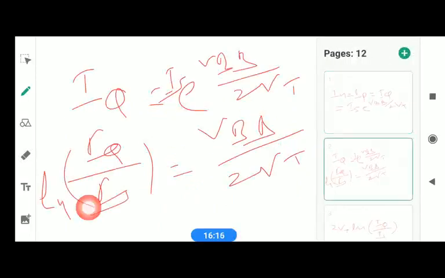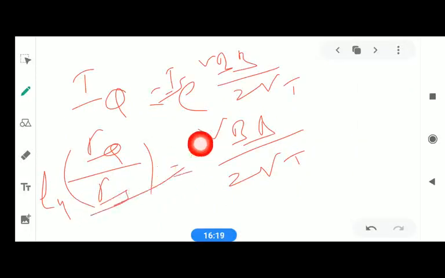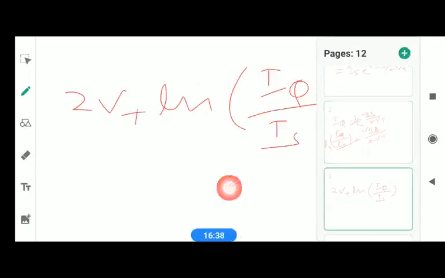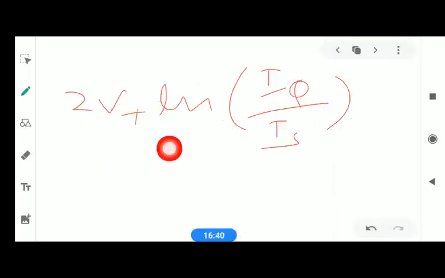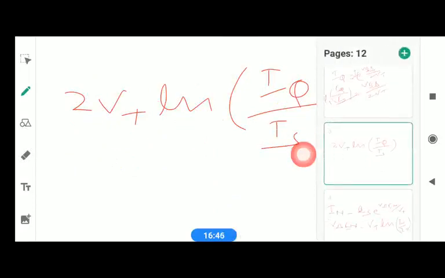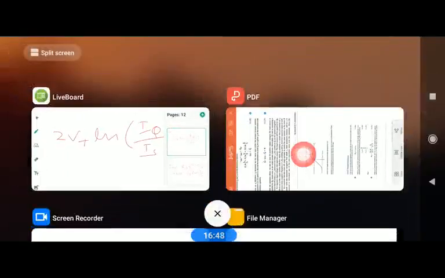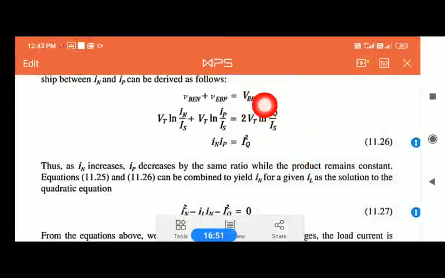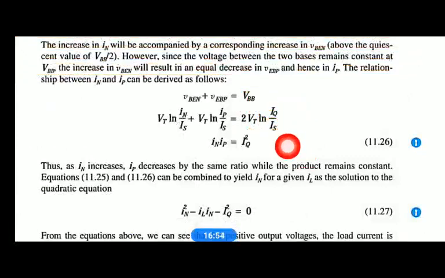Taking the exponential to this side it becomes ln, which is equal to VBB by 2Vt. Then you send the 2Vt to that side and you will get VBB equal to 2Vt ln of Iq by Is. So we can replace VBB here as 2Vt ln of Iq by Is.